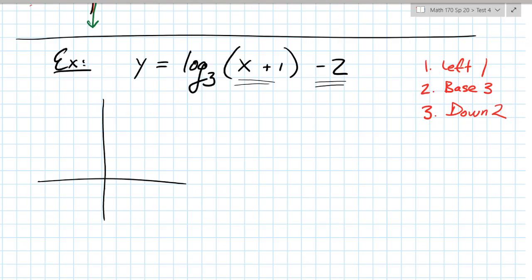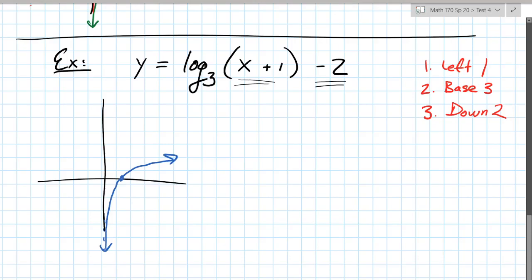So we'll start off with a generic sketch of a log graph. We know the features it has are a vertical asymptote and an intercept. So there it is, vertical asymptote and an x-intercept. So now we're going to move everything to the left 1 and down 2.